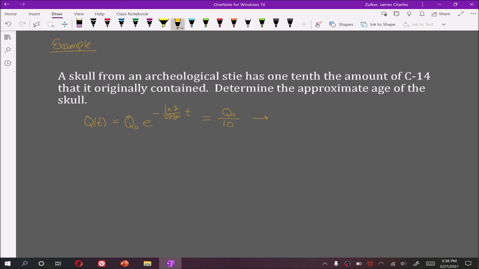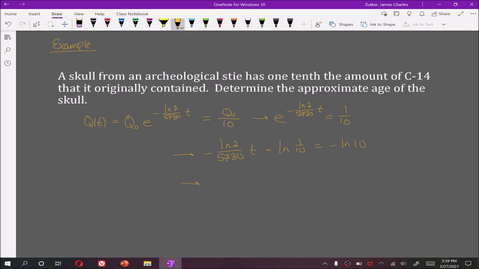Well, this would mean that e to the negative log 2 over 5730 t is equal to 1/10, which means negative log 2 over 5730 t is equal to log of 1/10, which is negative log of 10.